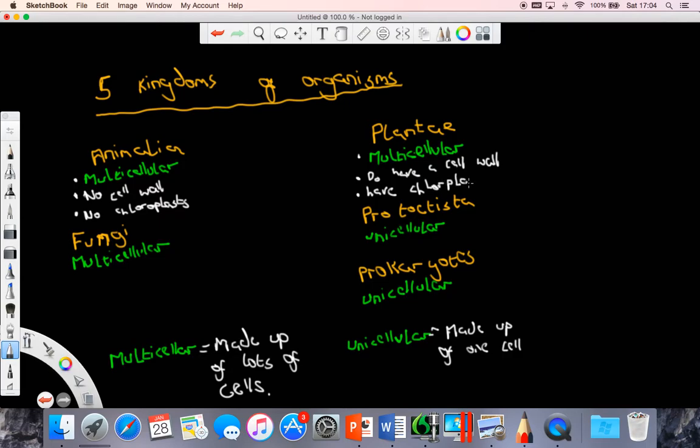So if you are given an organism that is multicellular, but you are told that their cells do not have a cell wall and they do not have chloroplasts, chances are that it's an animal. If you are given an organism that is multicellular and you are told that their cells do have a cell wall and they have chloroplasts, chances are it's a plant.